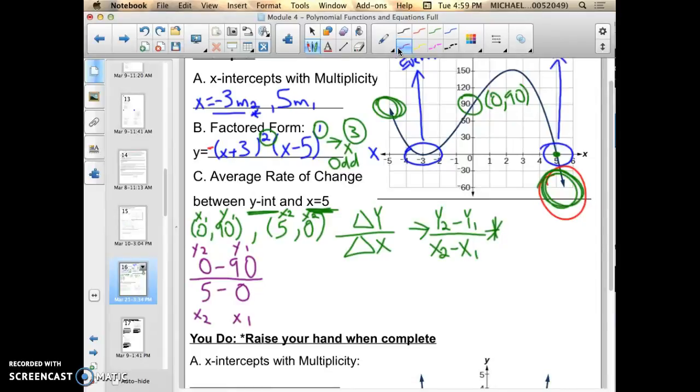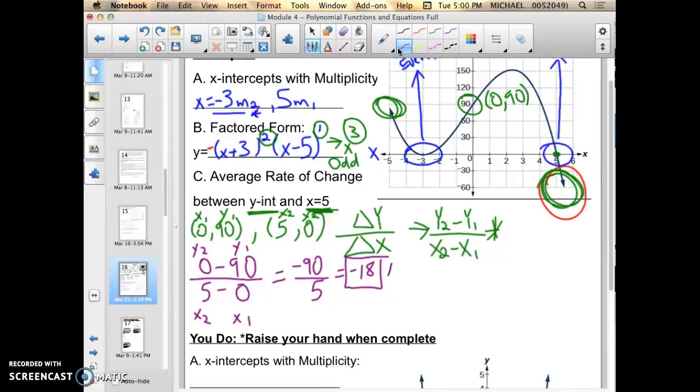I just replaced them with the numbers I found. So 0 minus 90 is negative 90. And 5 minus 0 is 5. Gives me a fraction. And negative 90 divided by 5 in this case is negative 18. So my average rate of change from that interval between the y-intercept and x equals 5 is negative 18.